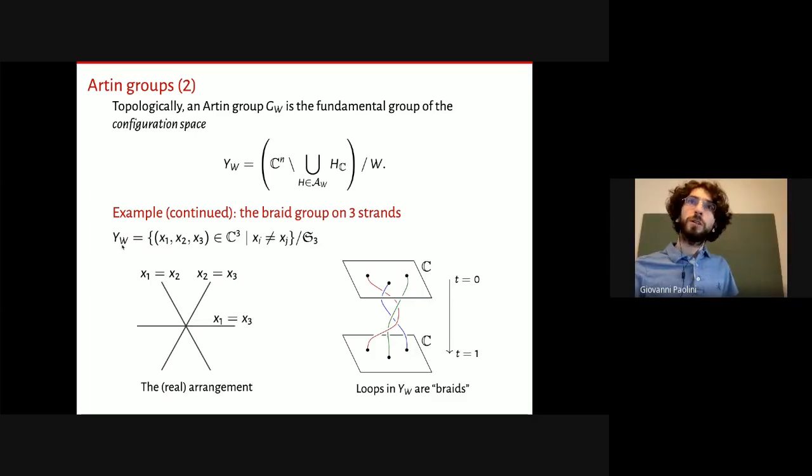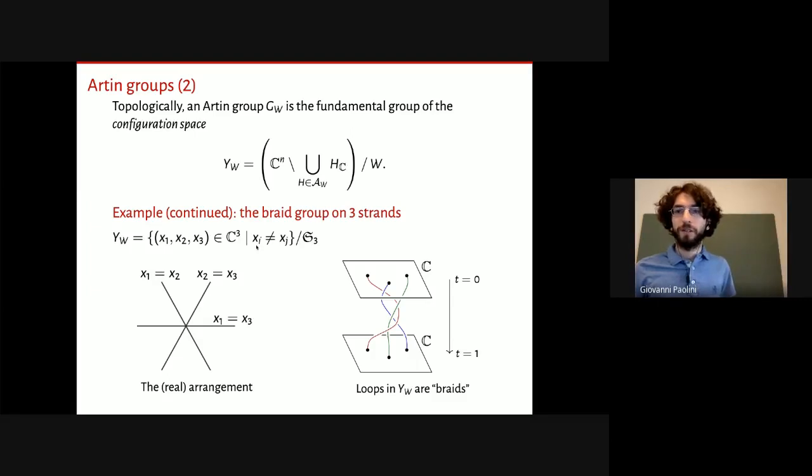We have to look at the points in C3, which are basically triples of complex numbers. We have to remove the complexified hyperplanes. So the hyperplanes have equations xi equals xj in this case. So the complexified hyperplanes are going to have the same exact equations.